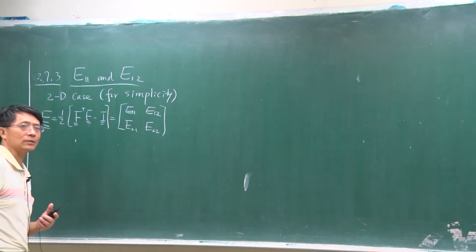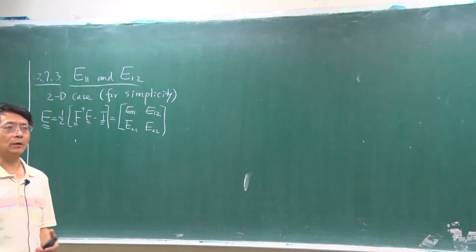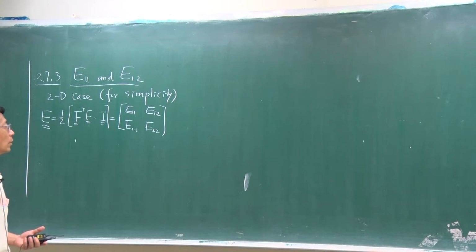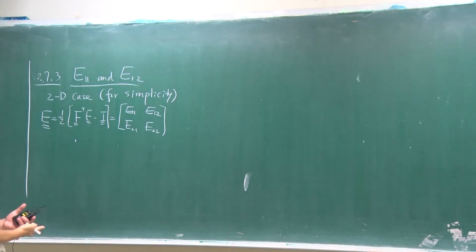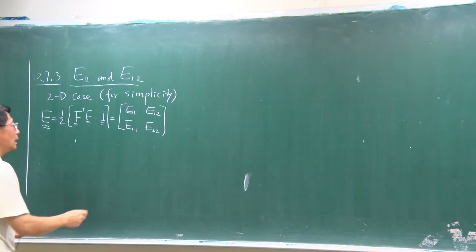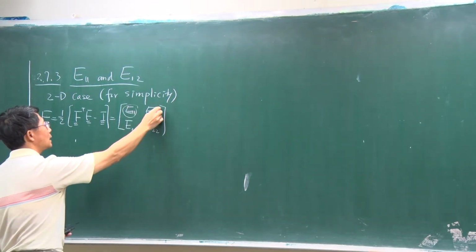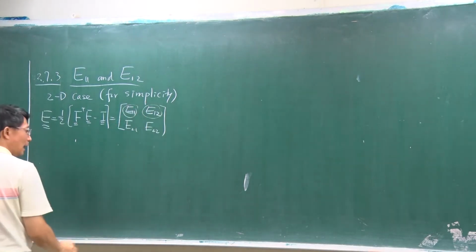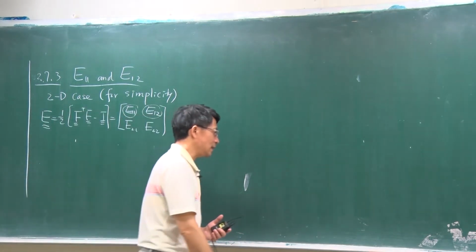In 2D case, 3D 都一样，性质上是一样的。What is this component?